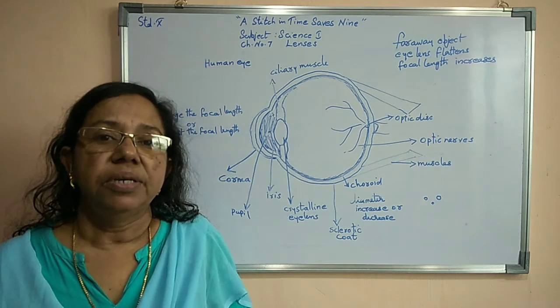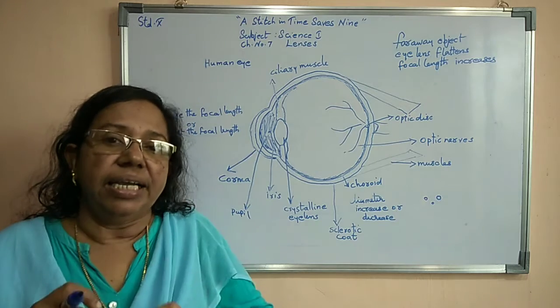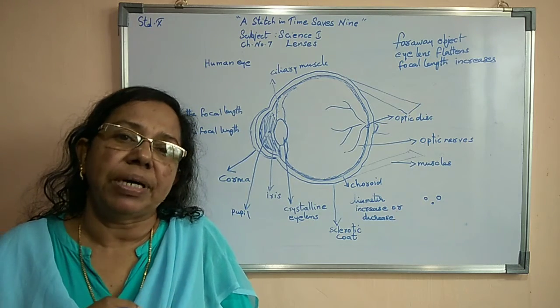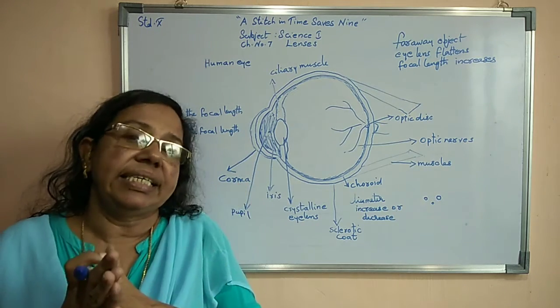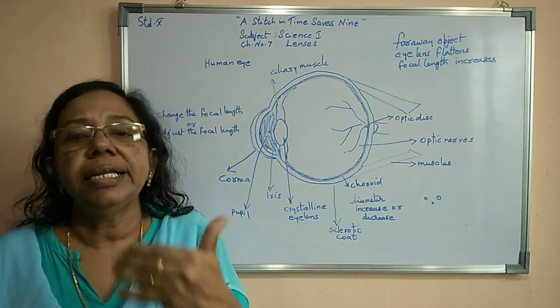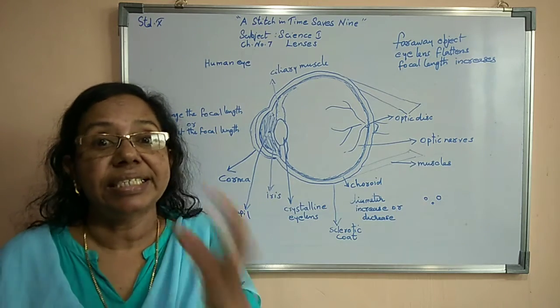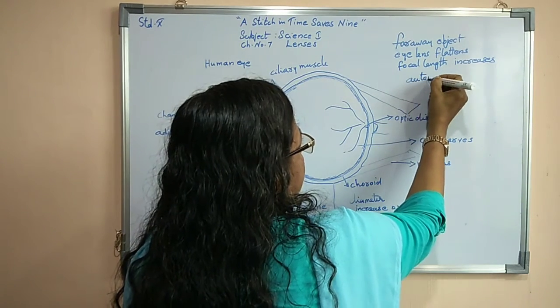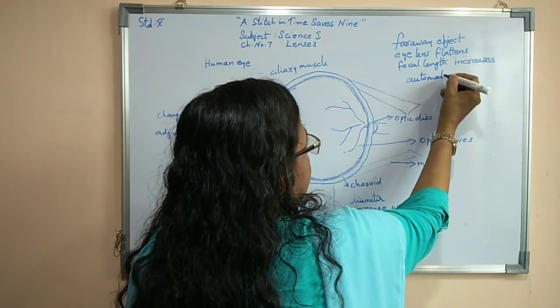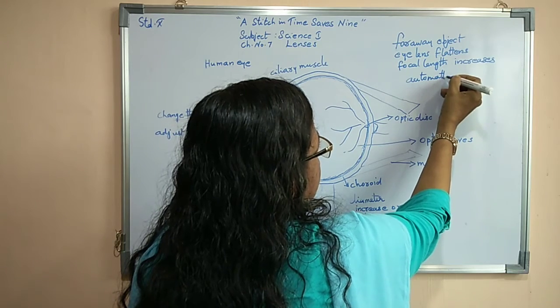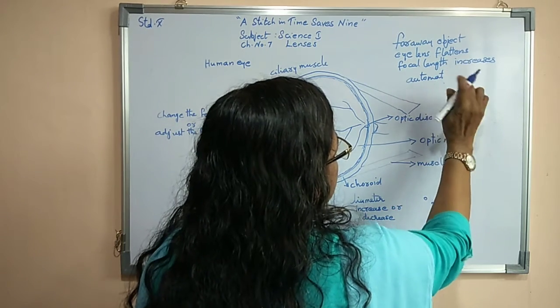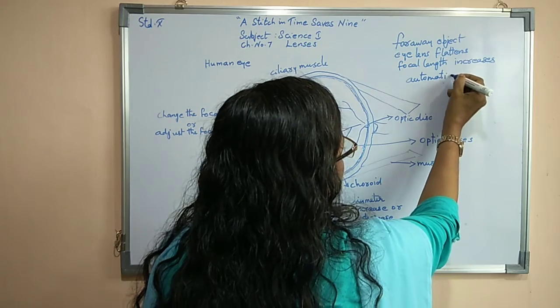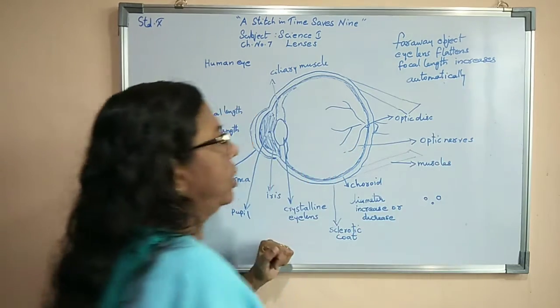In such people, the eye lens has the capacity to adjust its focal length. It functions automatically.